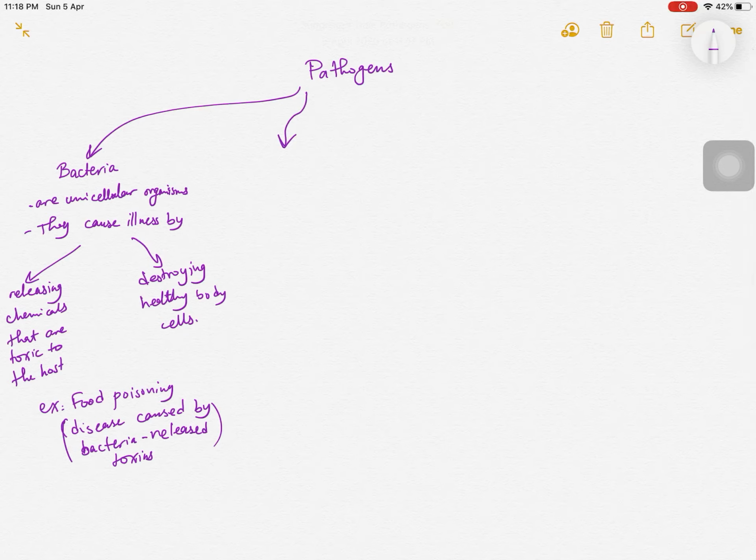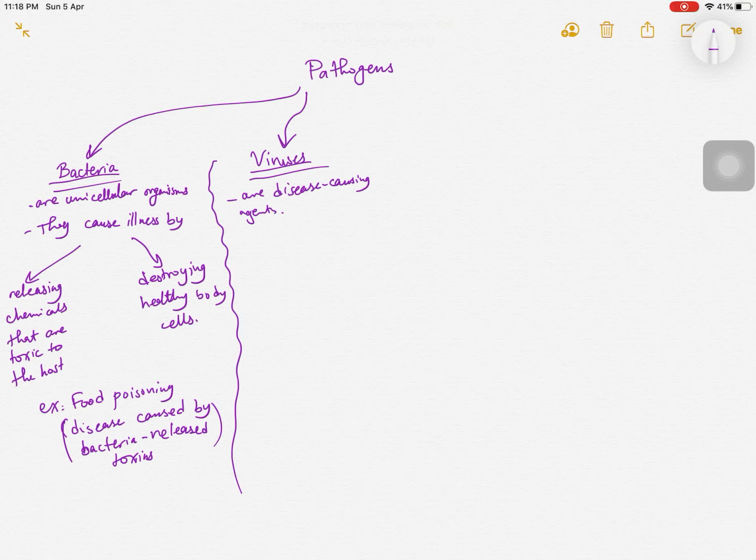Okay. The second type of pathogen is also a pathogen you're familiar with, which is viruses. Now, viruses are disease-causing agents, as you know.